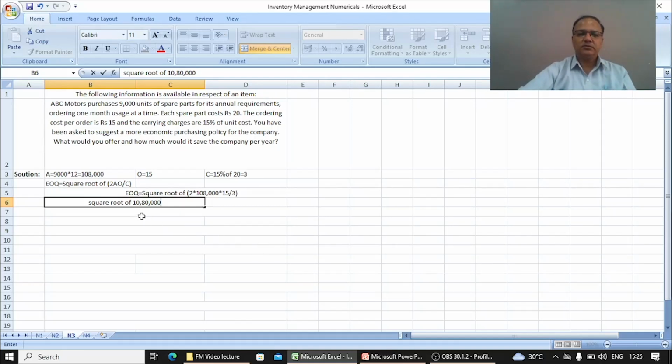So it is around 1050. EOQ is equal to 1050.